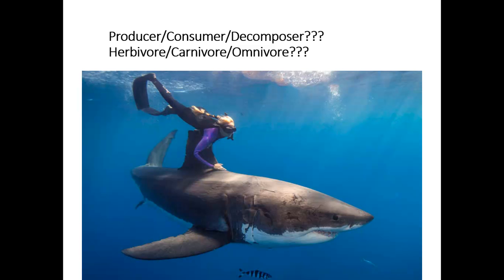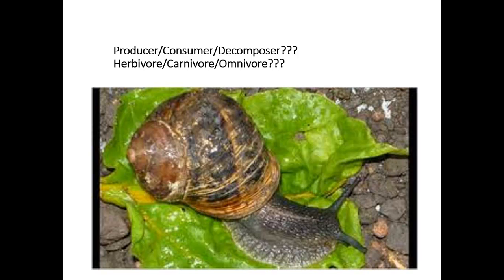A couple questions for you. Is the great white shark a producer, consumer, or decomposer? It is a consumer. Is it a herbivore, carnivore, or omnivore? It is a carnivore. Is it a snail? Same questions. It's a consumer. It's also a herbivore.